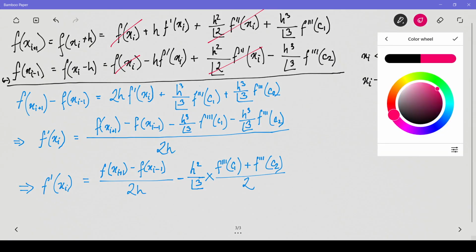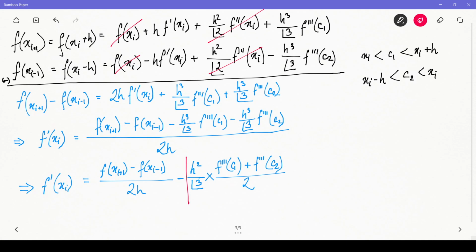So notice what we did over here. We have taken out the approximation of the remainder term. This thing over here, if you recall, was our formula for the central difference approximation: the functional value at the point x sub i plus 1 minus the functional value at the point x sub i minus 1, divided by twice the step size.